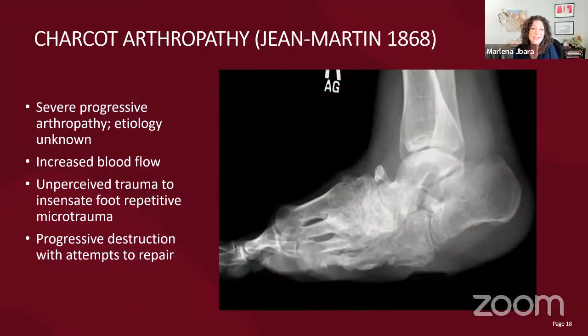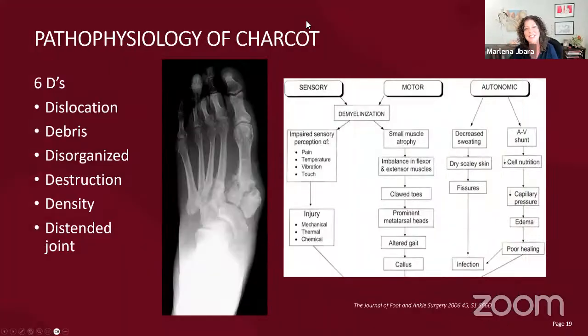Moving on, what is the problem with Charcot? So Charcot basically is this severe progressive arthropathy that occurs where trauma is occurring and you're not having time to heal it up. So you have this repetitive trauma on an insensate foot and your bones begin to crack along each other and you get these Ds, we call in America, dislocations and debris.